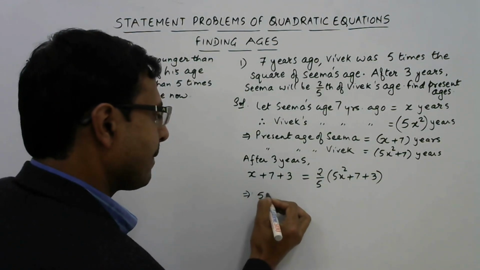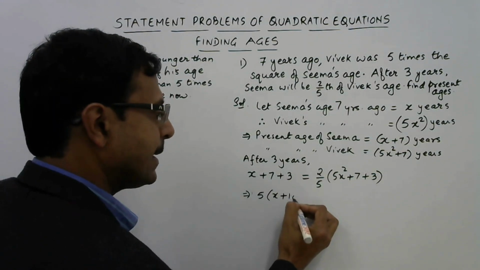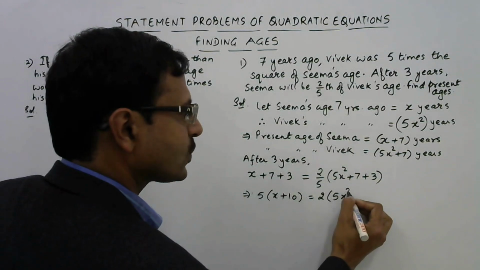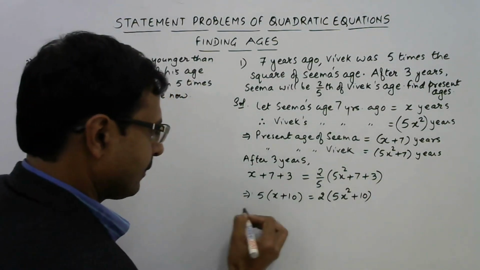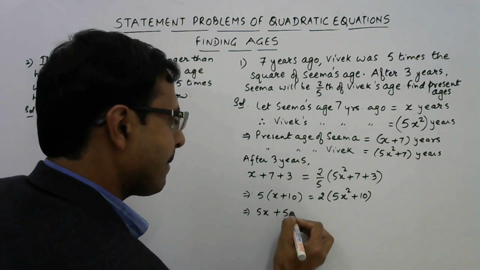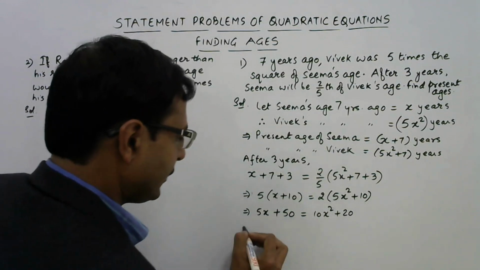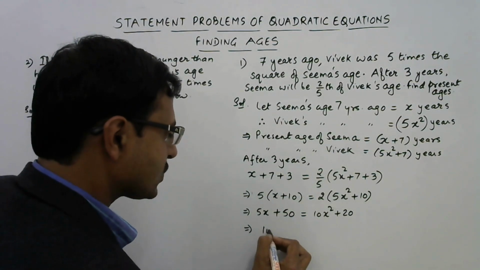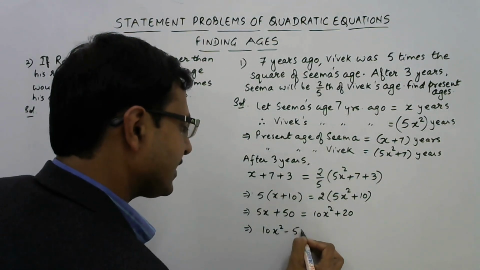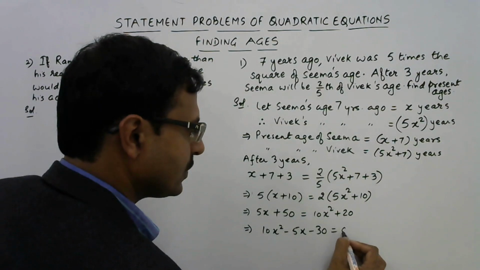Now let's cross multiply this. 5x plus 50 equal to 2 times 5x square plus 10. So just open the brackets. 5x plus 50 will be equal to 10x square plus 20. Thereby you get the equation 10x square, and 5x goes that side, minus 5x, and 20 minus 50 is minus 30, equal to 0.